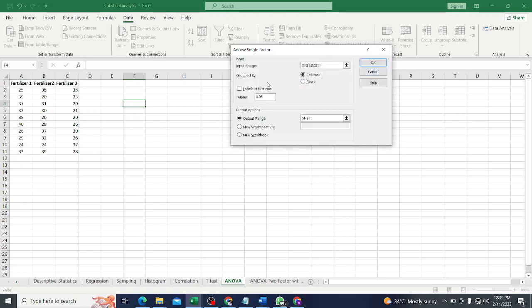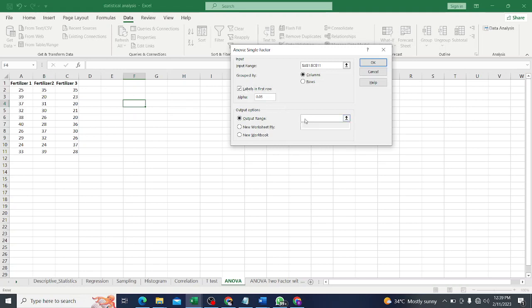So now, group by columns and then labels in first row. Yes, there's a label in the first row, so you check it. Then the alpha, which is the level of significance, by default is 0.05. You can increase it or decrease it as you wish. Output options, where you want the result to be displayed.